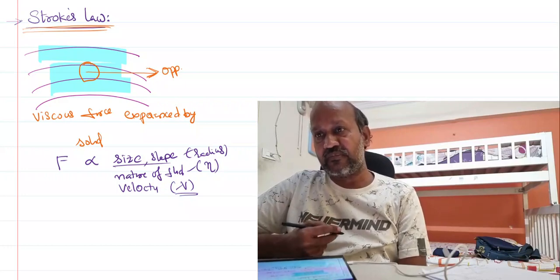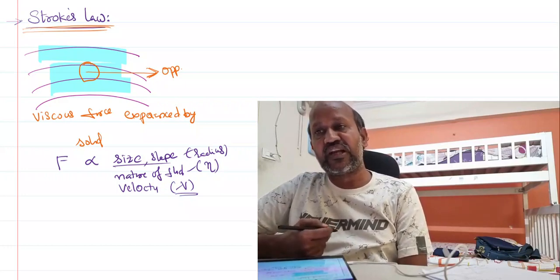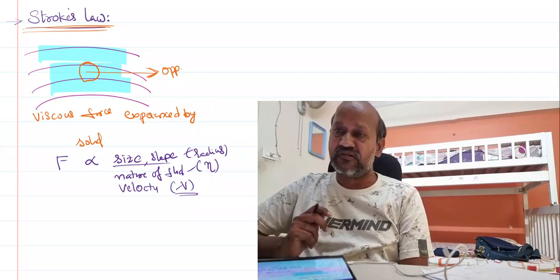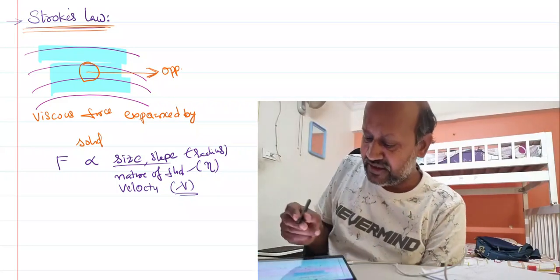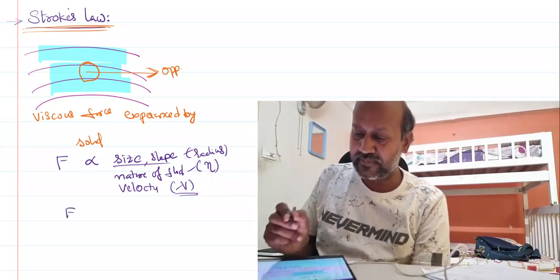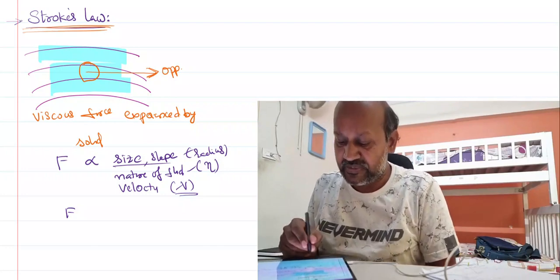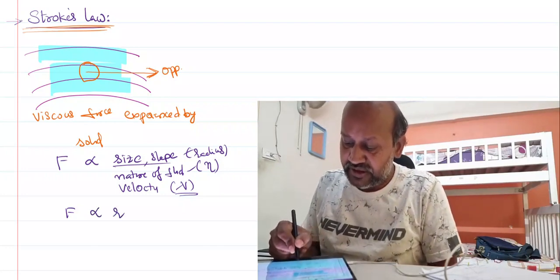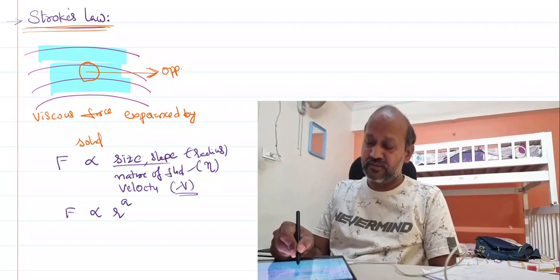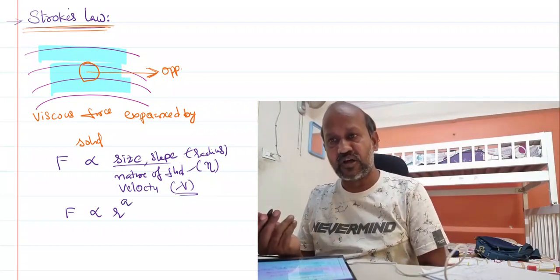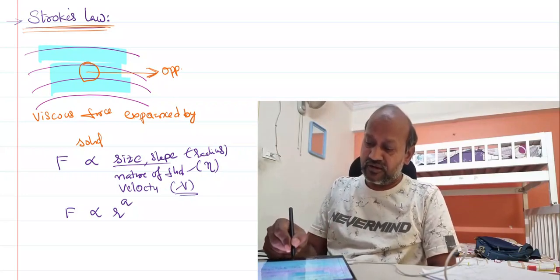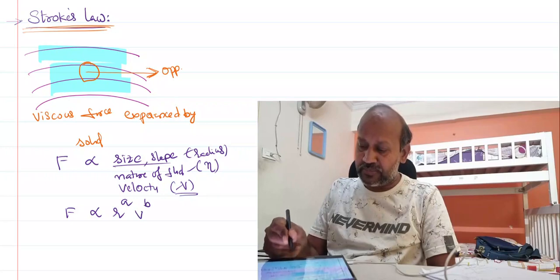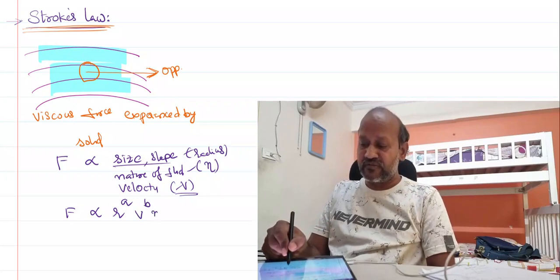By what dimension it depends, we can identify using dimensional analysis that we have learned in the first chapter itself. It's very simple. So what we say here is the viscous force experienced by the solid depends on the radius of that solid material to an unknown power a, which could be 1, 2 or minus 1, I don't know, so I have to identify it. The velocity to an unknown power b, and the coefficient of viscosity to power c.